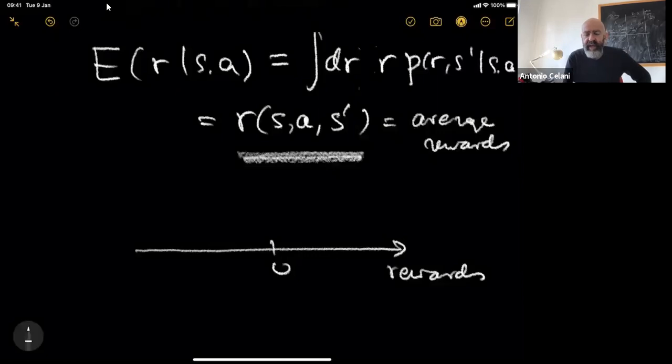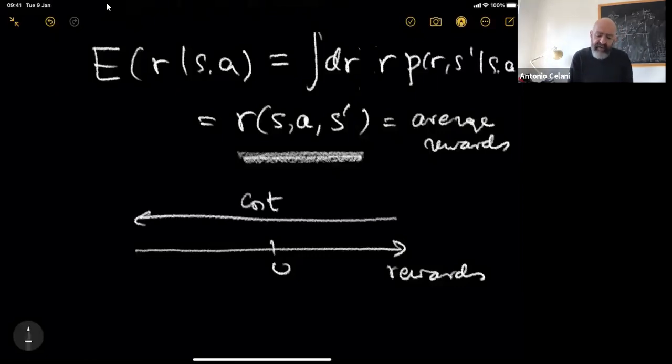A negative reward is, loosely speaking, a punishment, even though that is a bit of an overstretch of a definition, because in animal behavior, positive and negative rewards are actually perceived differently. Nevertheless, you can also think in terms of what you're saying. If you reverse rewards, then you would have costs. In everything that follows, it's sufficient to put a minus in order to switch from rewards to cost.